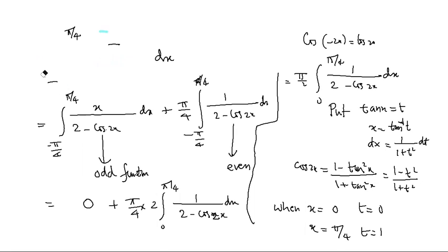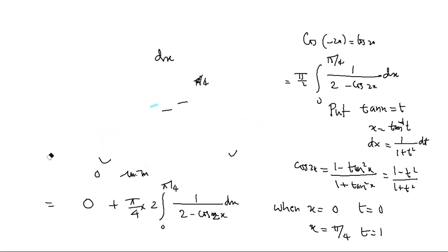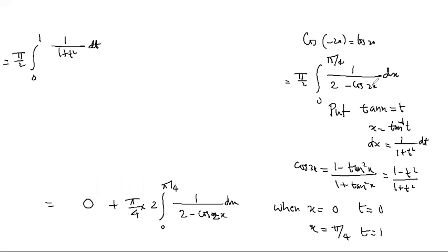So now my integral will become pi by 2, 0 to 1, 1 upon 1 plus t square into dt. From where did you get that? Dx is replaced by dt upon 1 plus t square, divided by 2 minus cos 2x, which is 1 minus t square upon 1 plus t square.